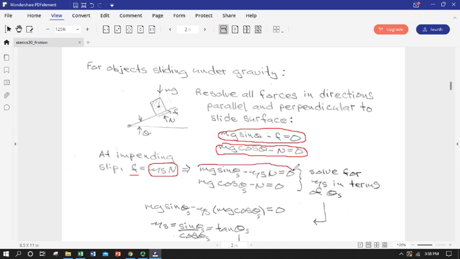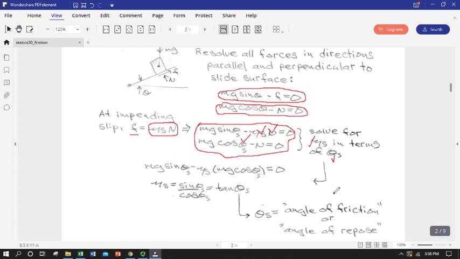We can get rid of one variable, and so now we have basically just normal force, mu sub s, and our slope angle. If we rearrange these equations and solve for our coefficient of static friction in terms of that slope angle, do a little rearranging, we get this expression.